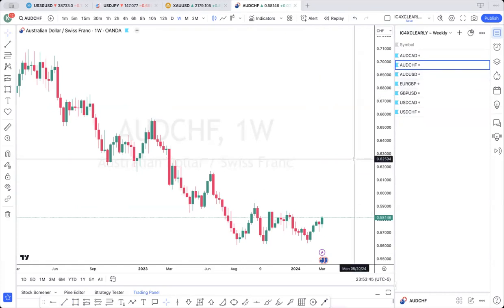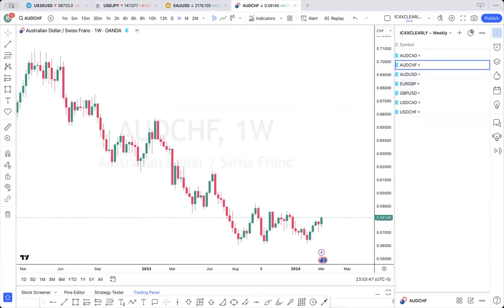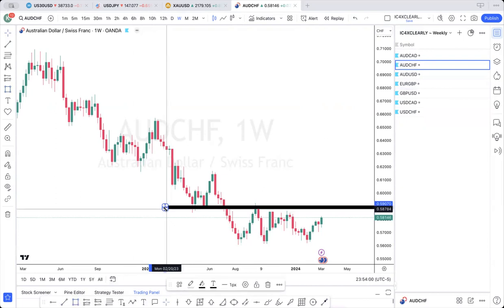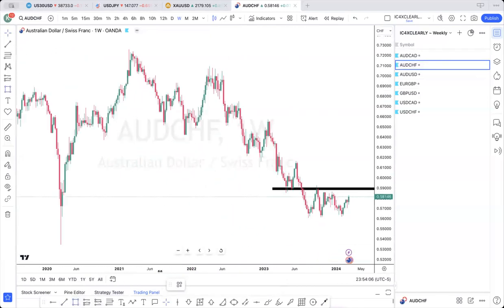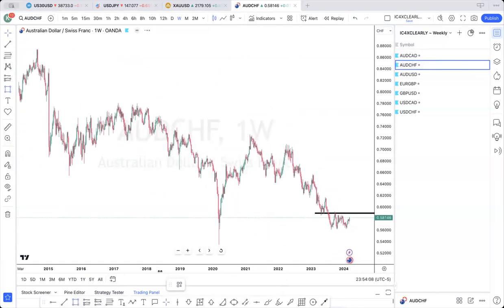AUD CHF, we have a weekly order block. I want to mark up my key level here. So price, as you can see, let's look at the bigger picture.